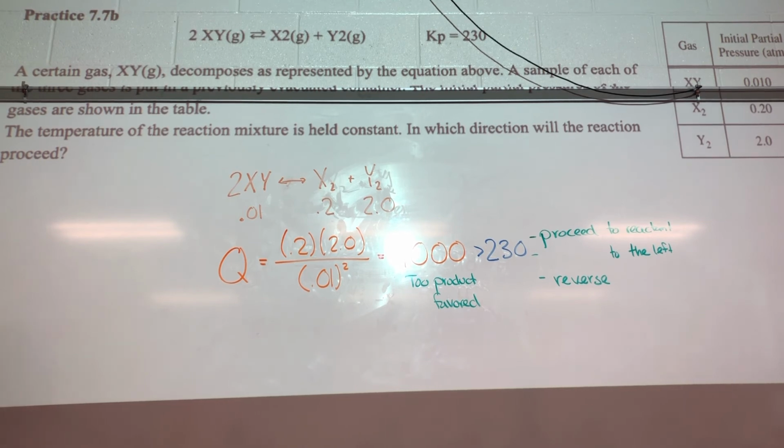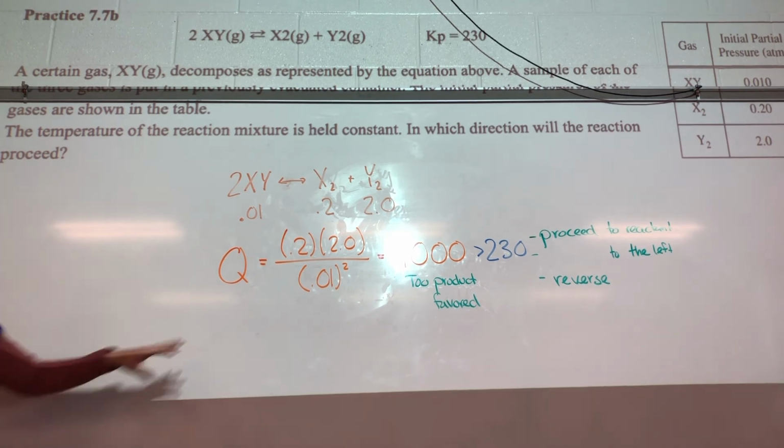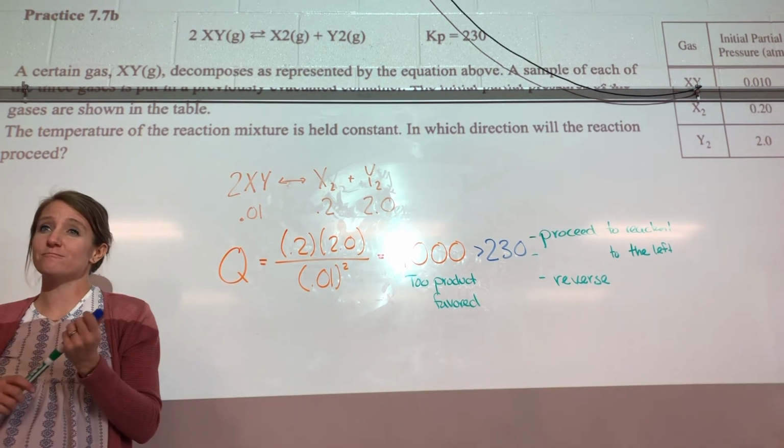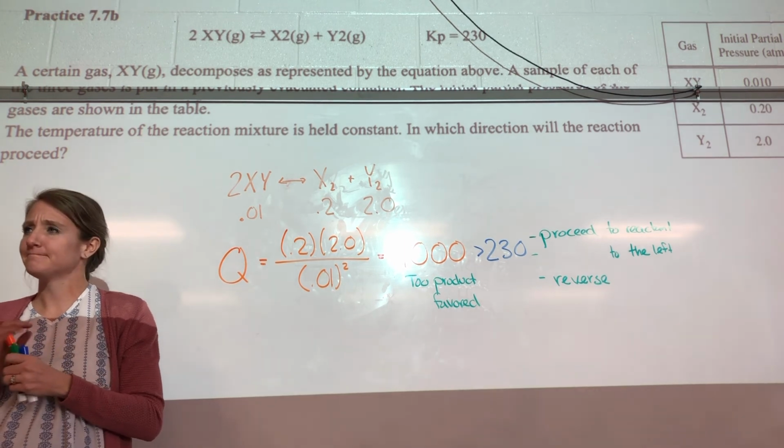Well, to me, this is one of those situations, because I've had students in the past with this problem. They just see, oh, 230 product favored, shift to the products. But in this case, I'm not shifting to the products, I'm actually shifting to the reactants. So the only way to really see is you've got to compare your Q to your K value. Does that make sense?